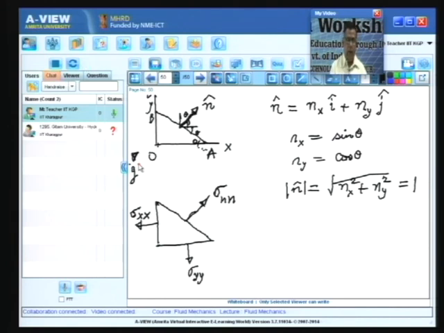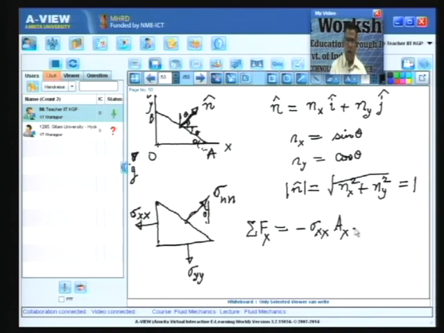Now, let us consider the equilibrium of this element. So, this is at rest, so the acceleration is 0, hence the sum of forces in the x direction will be 0. Now, the sum of the forces is minus sigma_xx into A_x, where A_x is the area of this face perpendicular to the x direction. And then here you have this force component. So, this angle you know is theta.